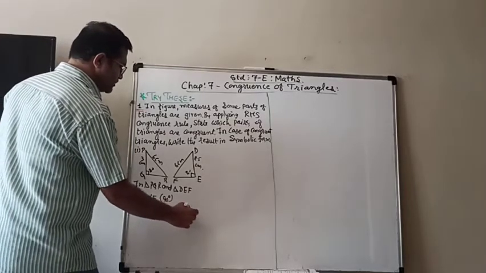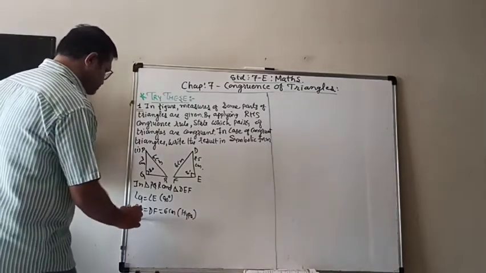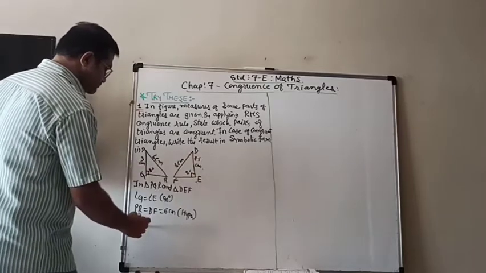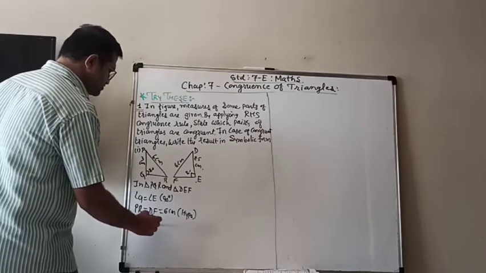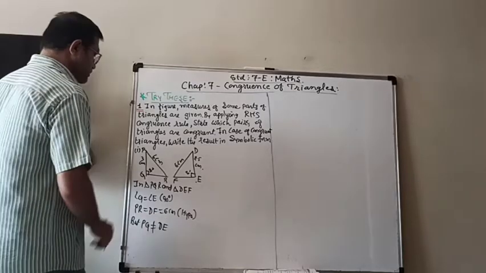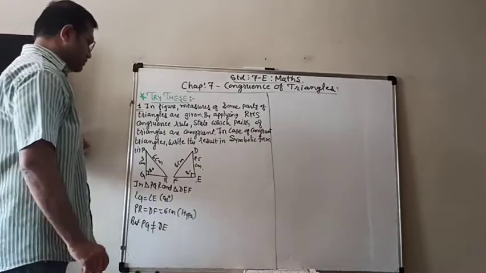They are the hypotenuse. But you can see the third sides are not equal. Means PQ is not equal to DE, because here this is 3 centimeter, here it is 2.5 centimeter.